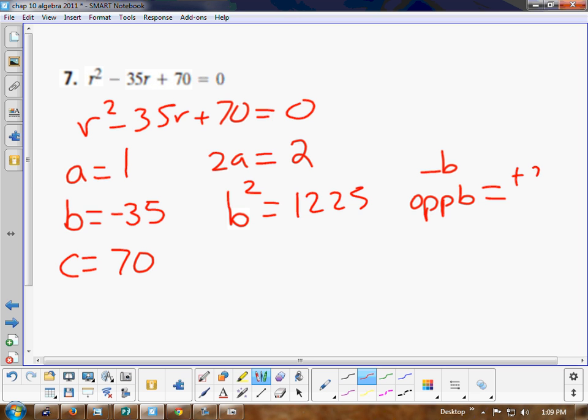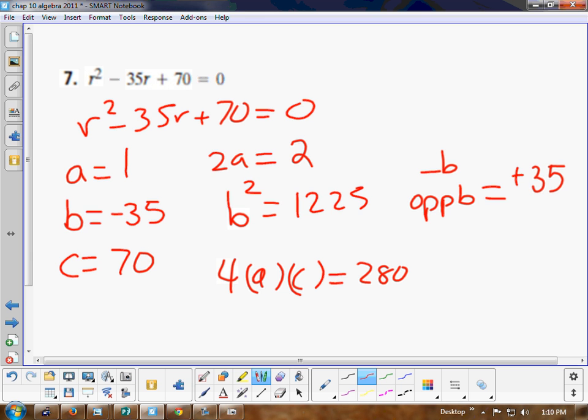Positive 35. Be careful. What is 4AC? Well, you don't know. Use your calculator, because I could probably figure it out in my head before you can pick up your calculator and punch it in. Maybe, maybe not. 280. Yes, while you were talking about that, I think it's 280, right?